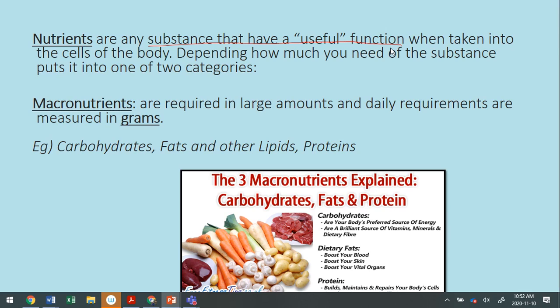Okay, so any substance that has a useful function. Now, depending on how much of these substances you need to take in a day, we can take nutrients and classify them into 2 categories. Macro. Again, ladies and gentlemen, I teach this class a lot of times by breaking words down. It's easier to understand them. Macro means large.